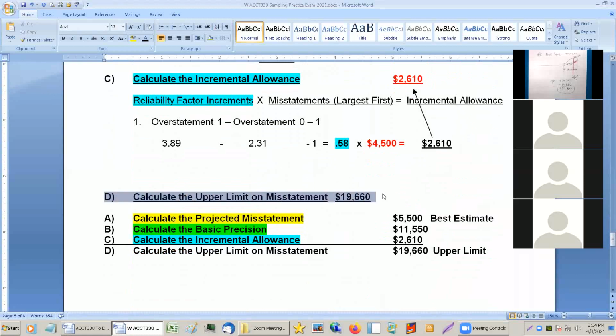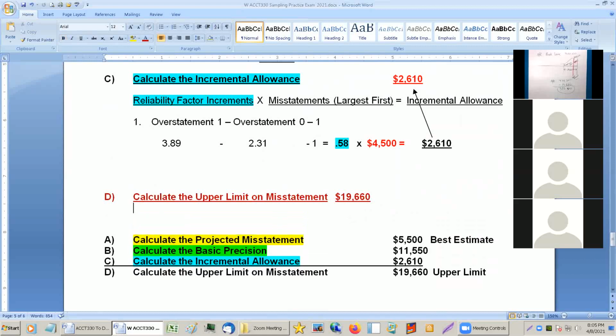So this is really the one that you come up with and say, okay, this is what you'd compare to. Misstatement, sometimes called performance materiality, same thing.